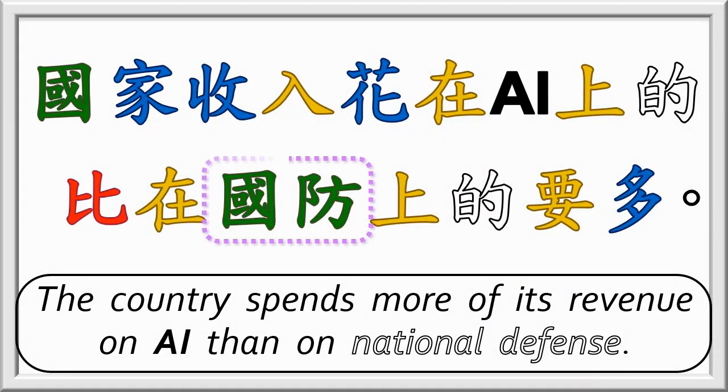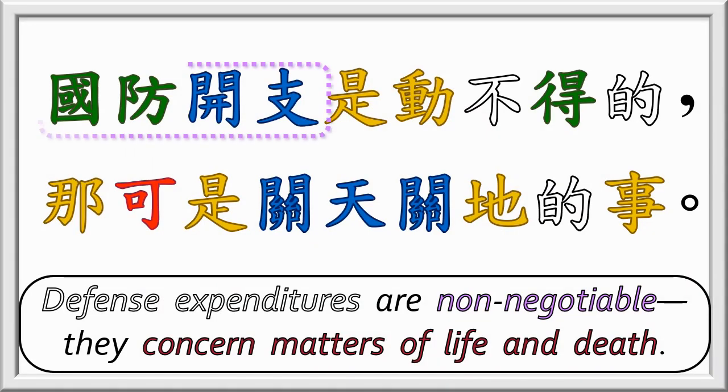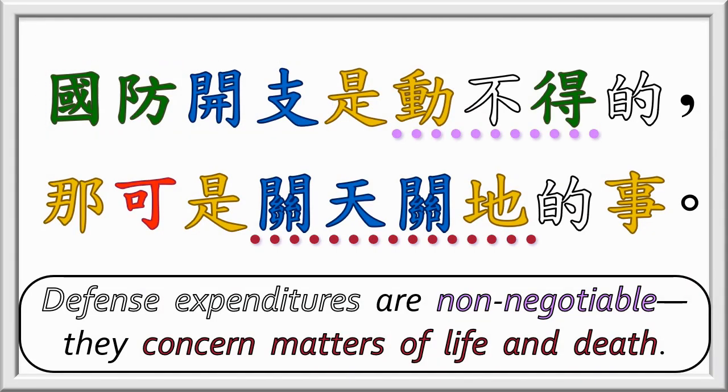国家收入花在 AI 上的比在国防上的要多。The country spends more of its revenue on AI than on national defense. 国防开支是动不得的，那可是关天关地的事。Defense expenditures are non-negotiable.